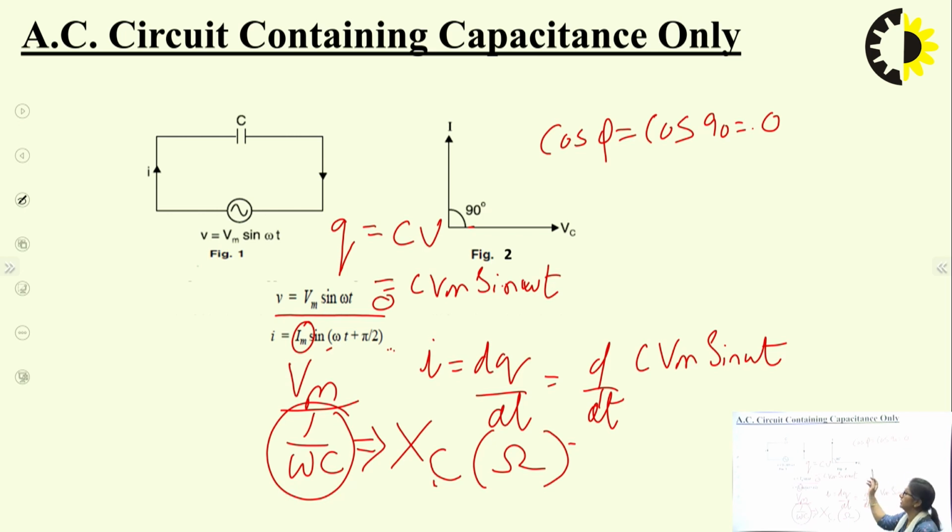No. If you just see here, the current is leading the voltage. If current is leading the voltage, the power factor will also be leading. The nature of the power factor is decided by whether the current is leading or lagging. So the power factor is 0 leading.